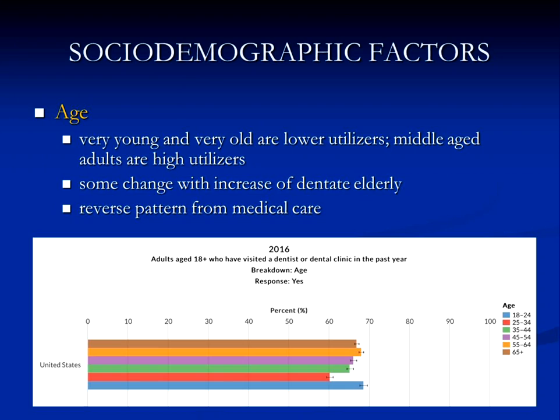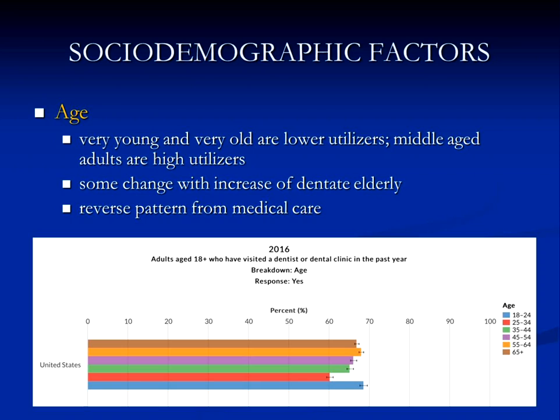The graph below, this is the BRFSS data from the CDC website. You can see that young adults 18 to 24 tend to be pretty good utilizers. They're probably still on their parents' insurance, so they're probably still able to go. We see that drop off in the next age range, though.